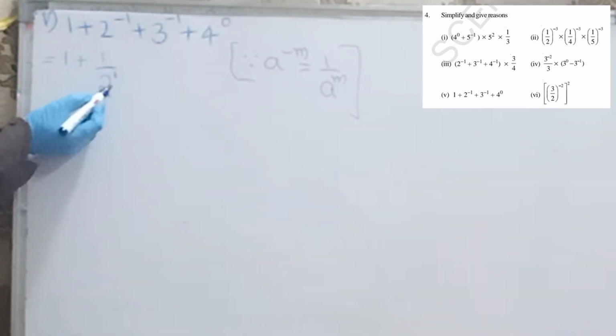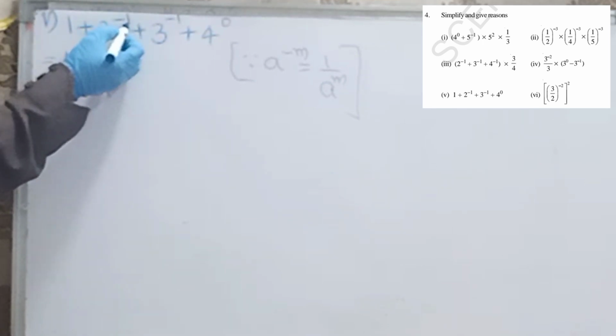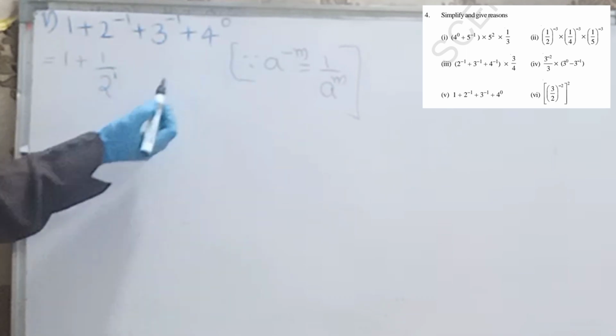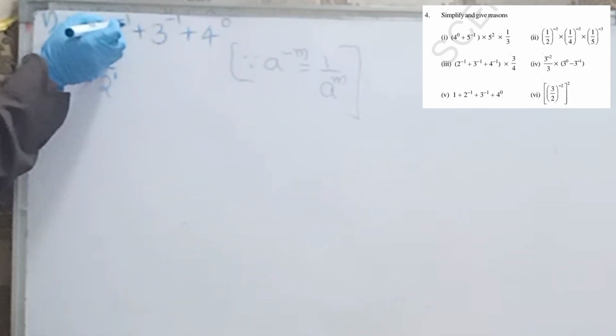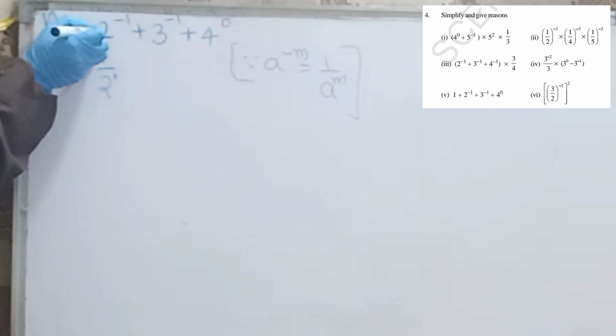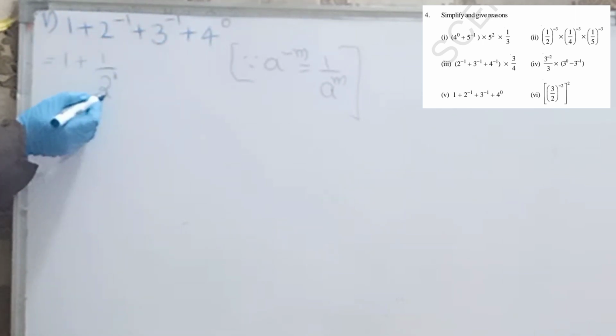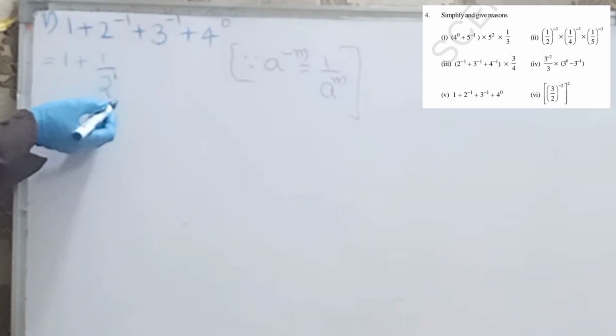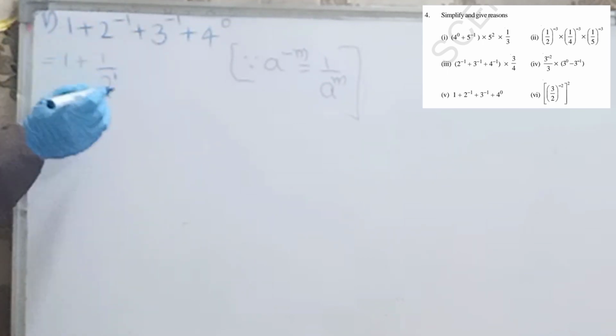That is, minus 1 will change to plus 1. We are changing the negative sign of the power to positive by using this formula. In simple words, if a power is negative in numerator, then if we write it in denominator, it will become positive. Or if it is in denominator, then if we write it in numerator, it will become positive.